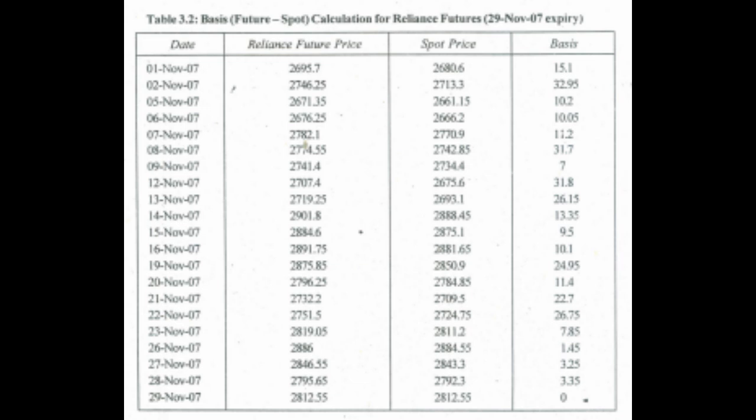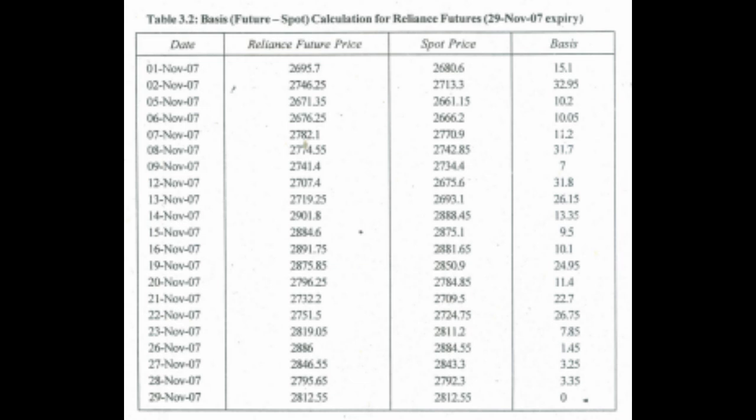F equals S e^(R×0), F equals S e^0. F equals S, since e^0 equals 1. Convergence happens because of a phenomenon known as arbitrage, described in detail later. Table 3.2: basis, future minus spot calculation for Reliance futures, the 29th of November 07 expiry. Look at the screen.